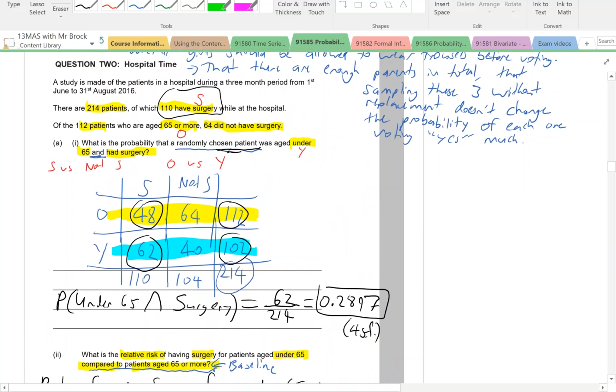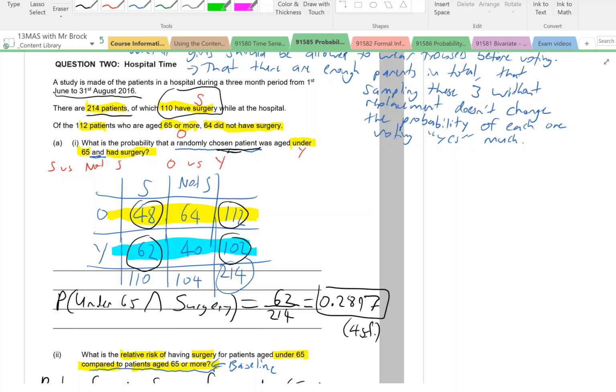Remember, this is just a study done over 2 months, and only in one hospital, and it's only on 214 patients. And when you're dealing with proportions like we are here, you get a lot of variation from one sample to the next just because of random sampling error. So just because of chance, a different sample of 214 patients could have a very different breakdown to the one we see in this table.